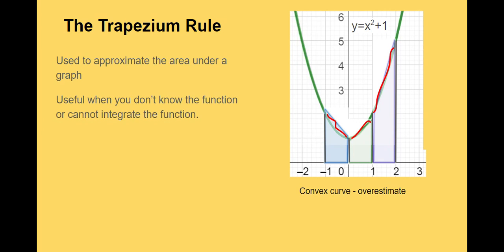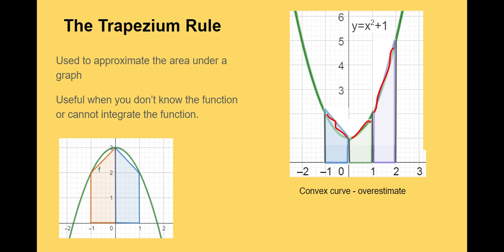If you look at a concave curve as well, curving the other way up, we've got the 2 trapezia there, and we can see this time actually there's an area under the curve which isn't included in the trapezium. And so when it's a concave curve, the trapezium rule will give us an underestimate of the area.